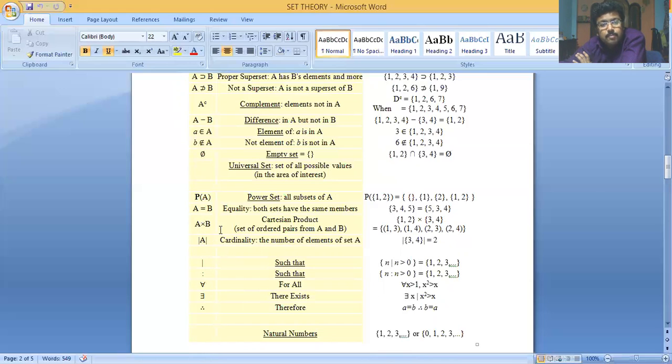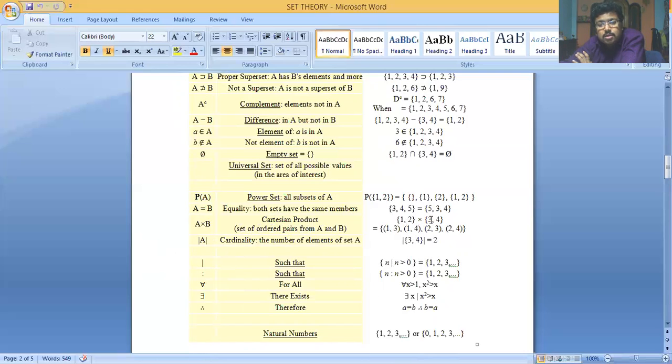A multiplied with B, this is the Cartesian product. Okay, now what is the Cartesian product? The set {1, 2} multiplied with another set {3, 4}.